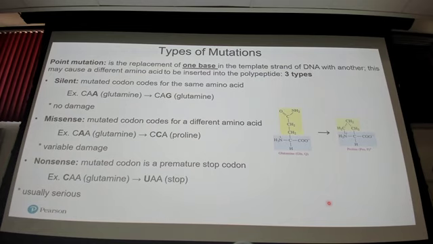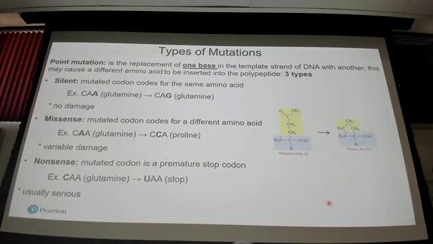A missense mutation is shown when one amino acid is changed and it codes for another amino acid. Looking at that same glutamine example, CAA, if the nucleotide is changed from A to C, that middle nucleotide, glutamine will then code for proline.